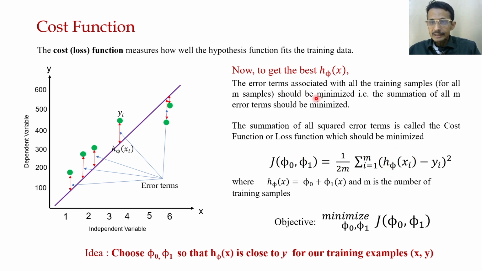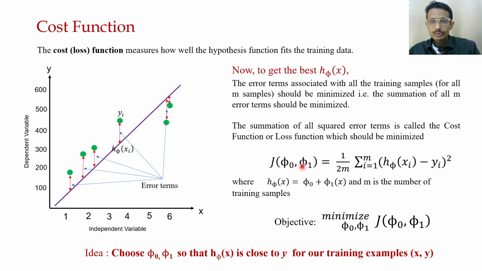Here h of x_i is basically our predicted value, and what is y_i? This is this value. Take the difference, square it, and sum it over all the data points. So m is the total number of data samples, 1 to m, and normalized by this. So it is a normalized summation of the squared error.